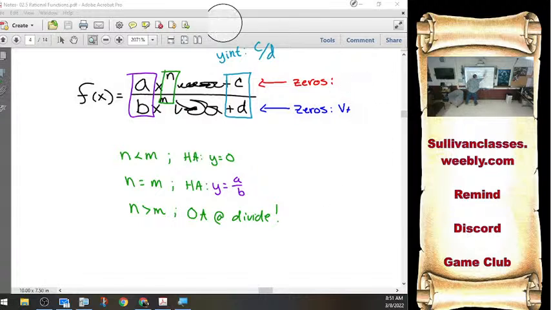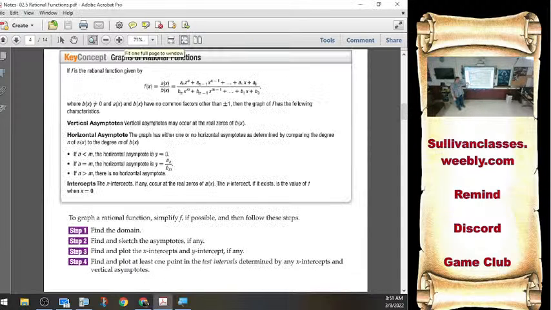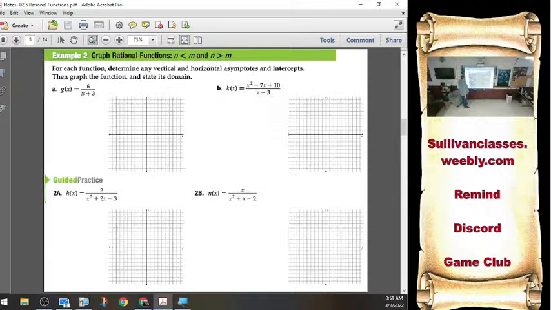And that's what it says at the bottom of this big note blurb here: find your domain, that gets you your asymptotes, get your x and y intercepts, go find a couple more points. Your horizontal or oblique depends on the rules. So, this is just practice, practice, practice.